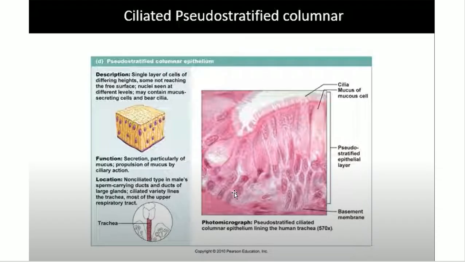Or they're really wide down here with the nuclei down here, and they get skinny when they touch the apical surface. But they are spreading from the bottom to the top, even though they look very odd. If there's a very specific line that cuts through up here, then we would call it stratified columnar.